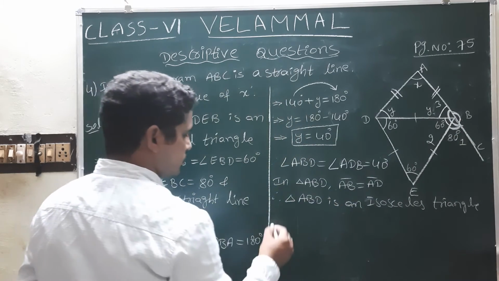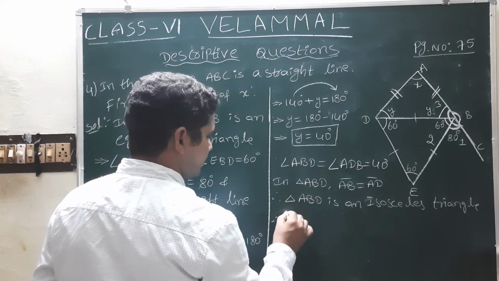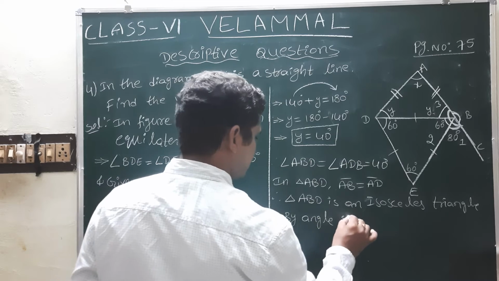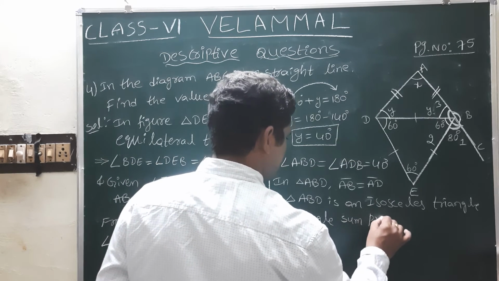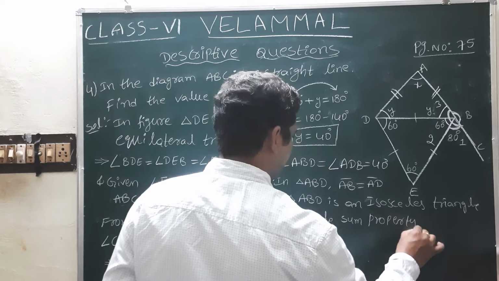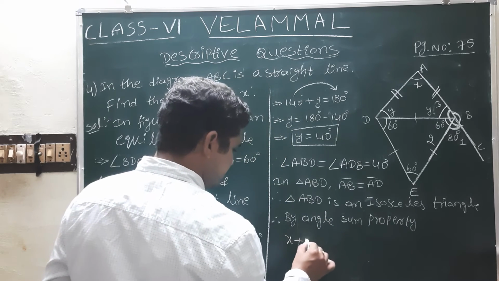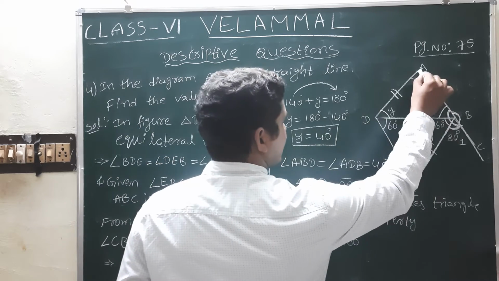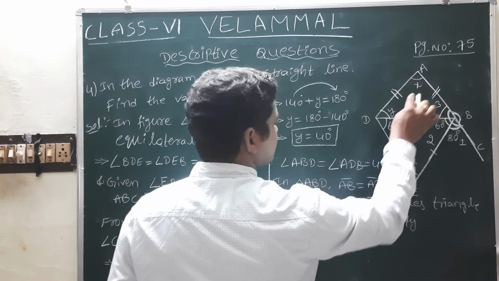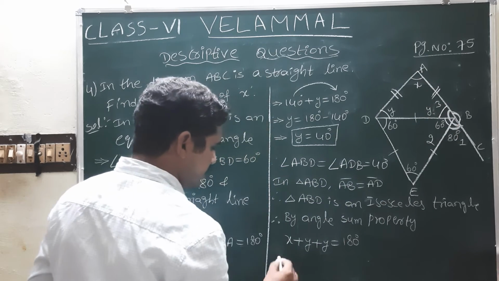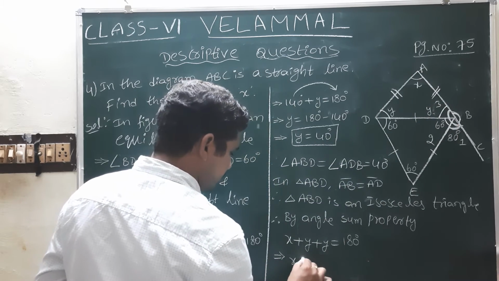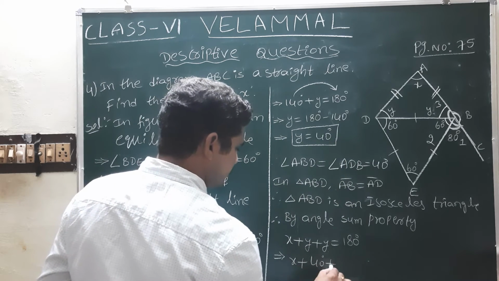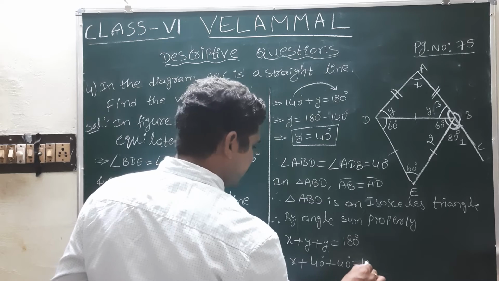So by the angle sum property, in this triangle ABD, x plus y plus y is equal to 180 degrees. So by that, y plus y we know as 40 plus 40, that is 80.